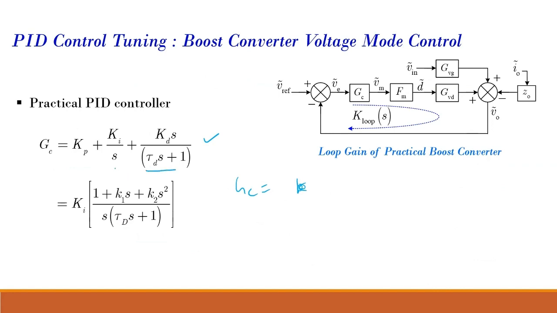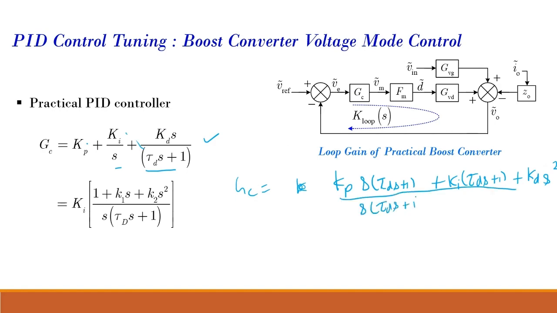So this part and this part we will multiply over here. So GC will become KP into S tau D S plus 1 plus KI into tau D S plus 1 plus KD into S square, upon S into tau D of S plus 1.